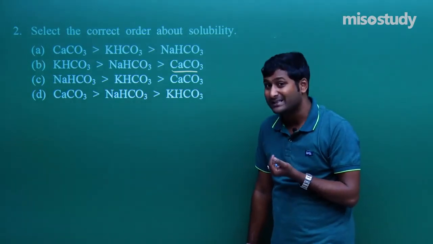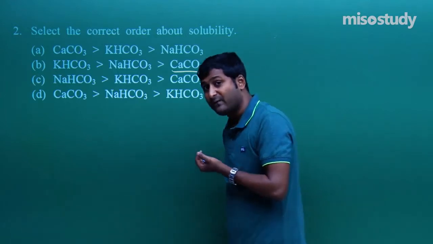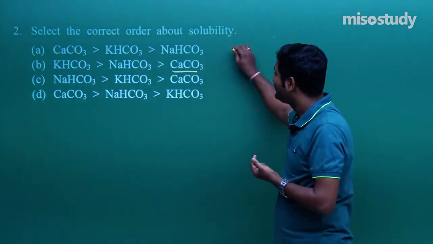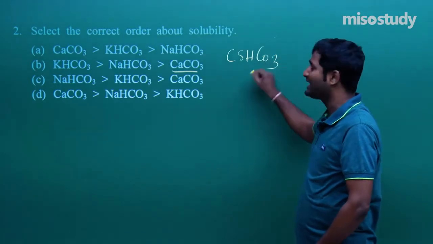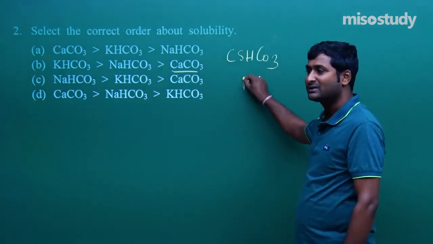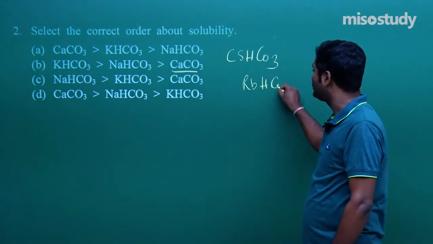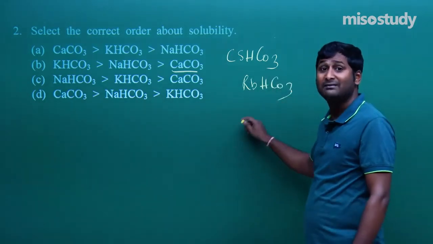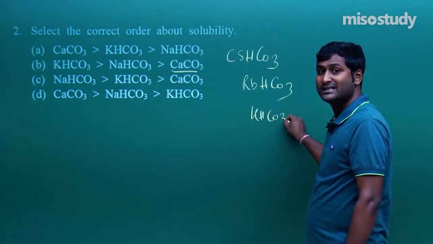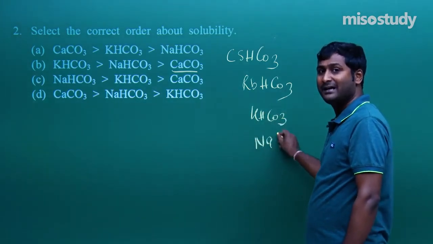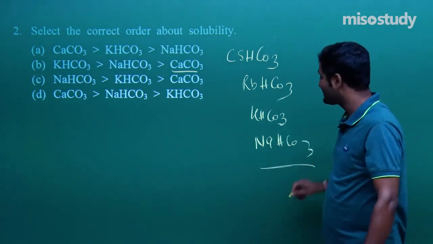So tell me, what is the correct order? If I talk about the bicarbonate, there comes CsHCO3, yes sir. Then there comes RbHCO3, yes sir. Then there comes KHCO3, yes sir. Then there comes NaHCO3, yes sir.